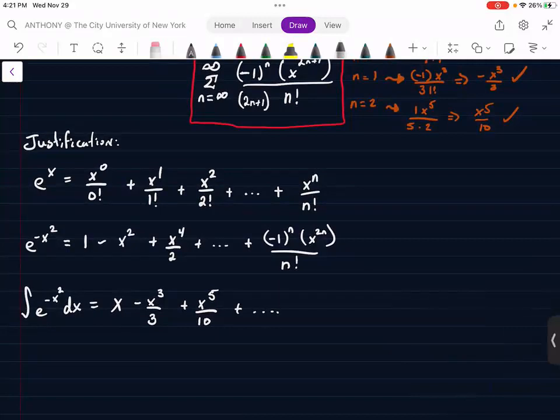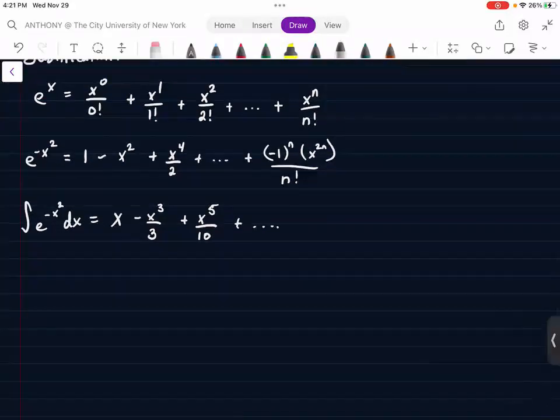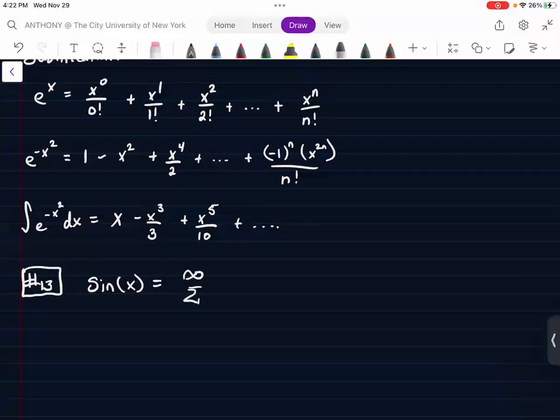So the other one that was like this was number 13. For number 13, it says sine of x is equal to the sum n equals 0 to infinity of -1 to the n times x to the power of 2n plus 1, all divided by 2n plus 1 factorial.